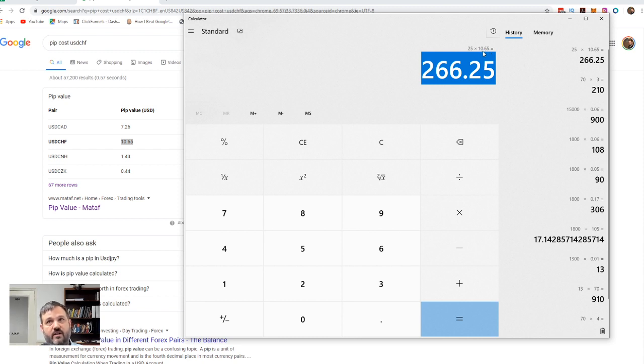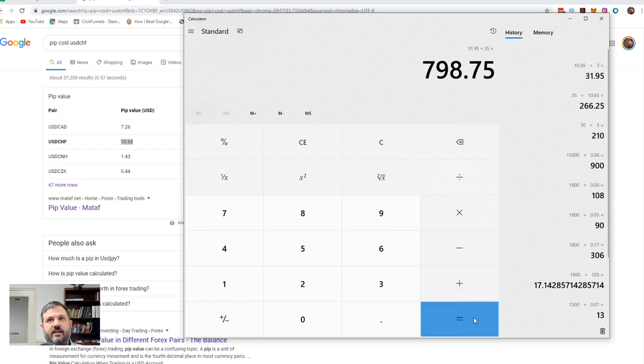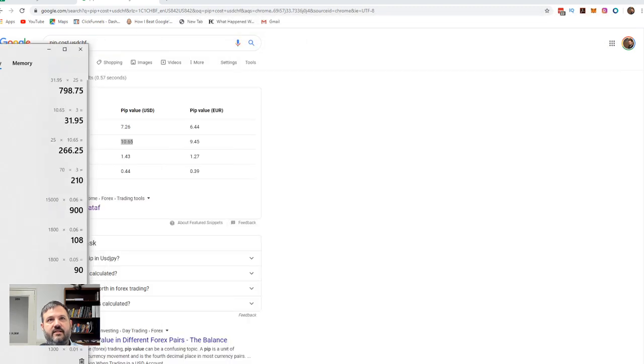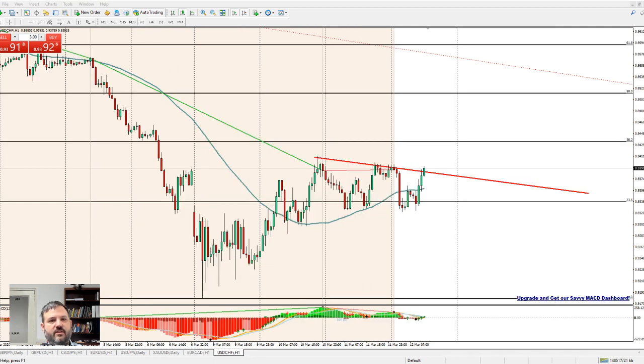Let's just try 3 lots. 10.65 times 3 equals $31.95, times 25 is $798, plus the commission and the spread. We'll go with that. So we're going to go with 3 lots. All right, so change it to 3. And we got the crossover. It's crossing over, and we're just going to go for it.